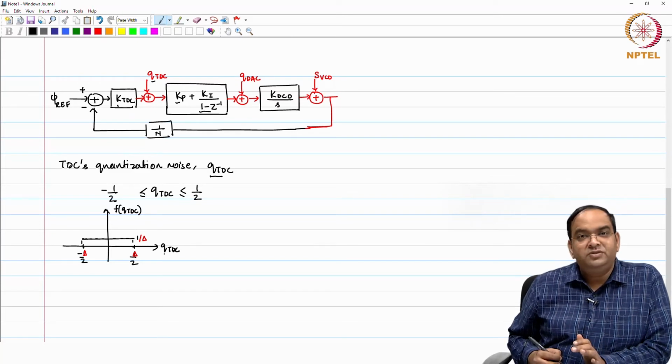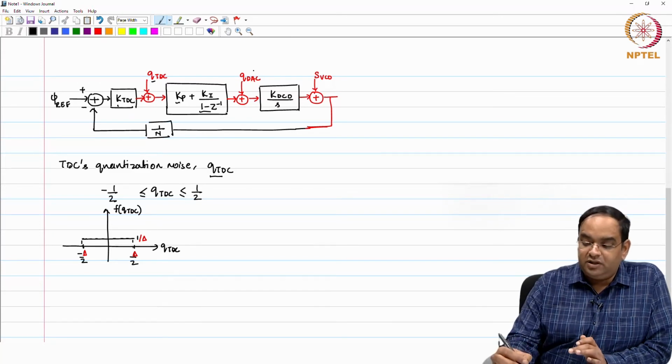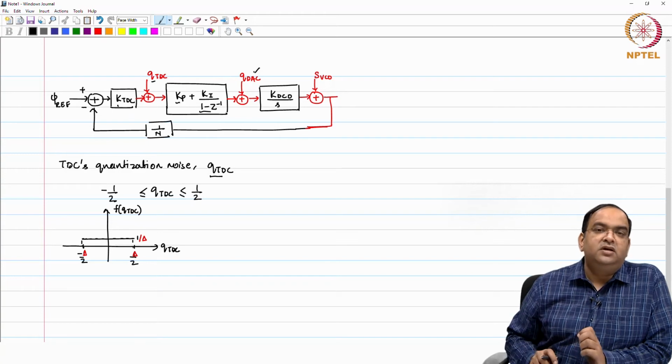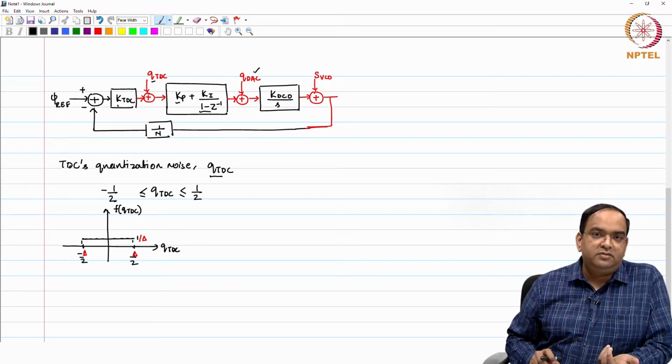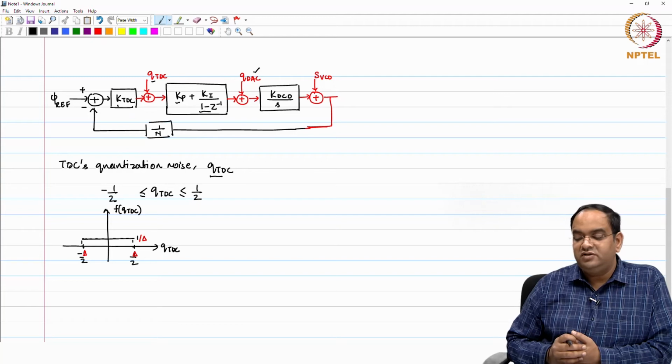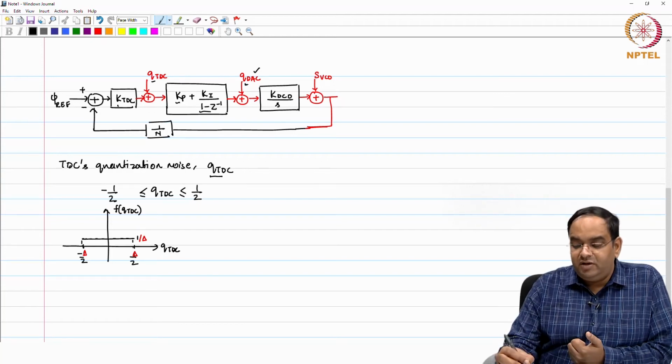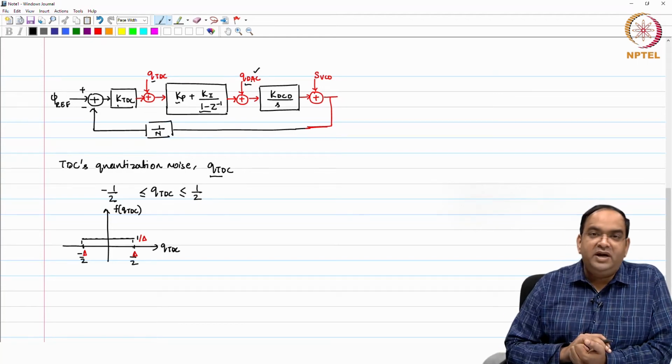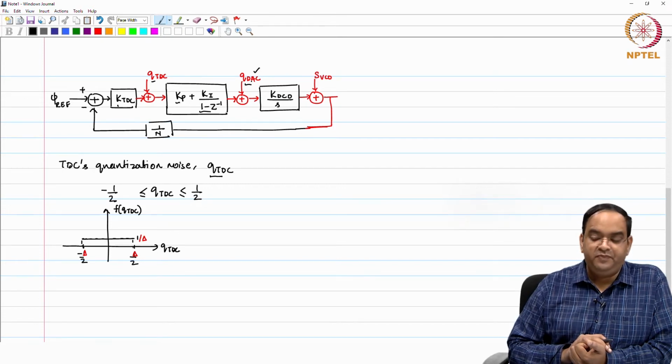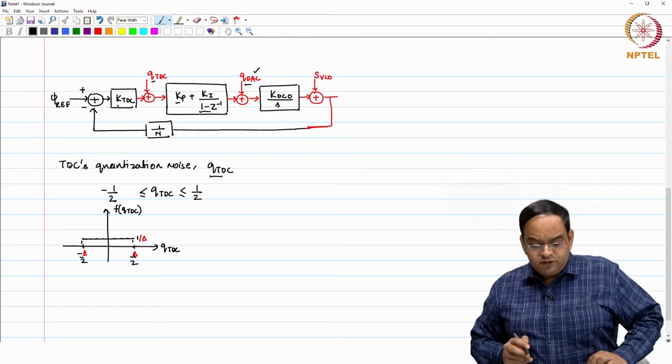The same assumption will be made for the DAC quantization noise, that the actual number is something and your quantization noise will always lie somewhere between minus half LSB to plus half LSB.